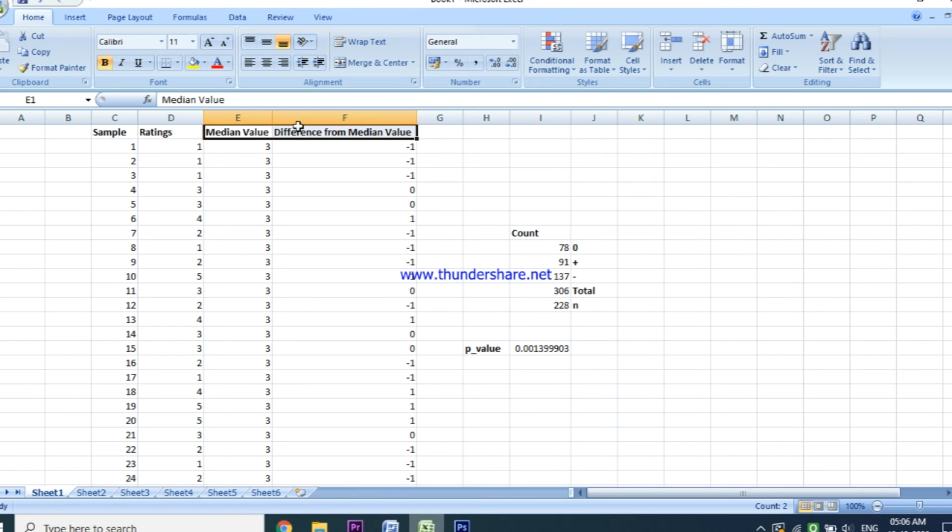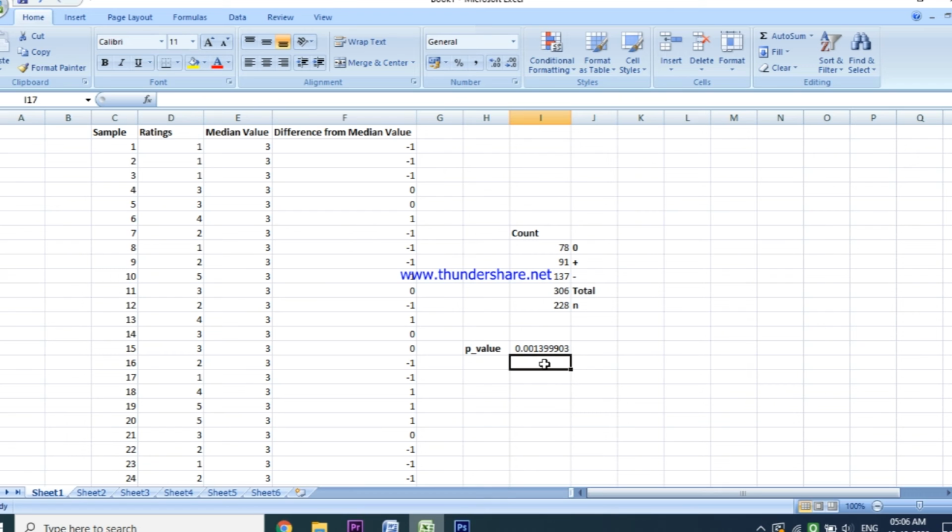And then how to proceed with this? We are counting the number of zeros, and the number of plus indicates those responses which are above 3, that is those who are going with agree and strongly agree statement. And then we are taking up the negatives. And then using binomial distribution, we can compute the p-value.